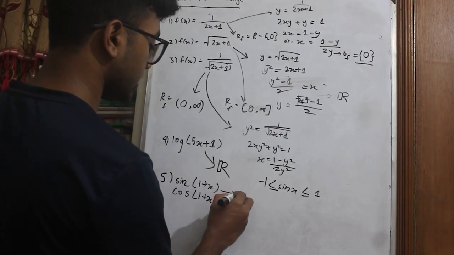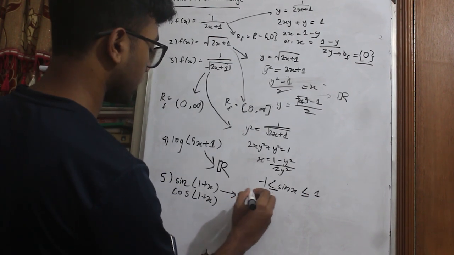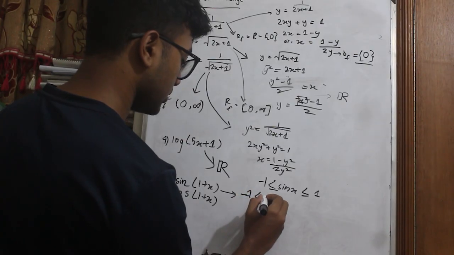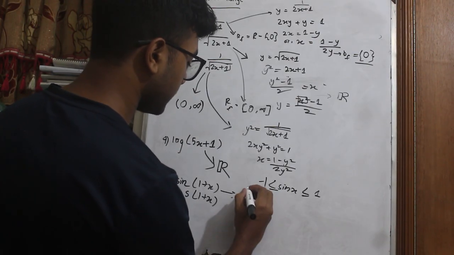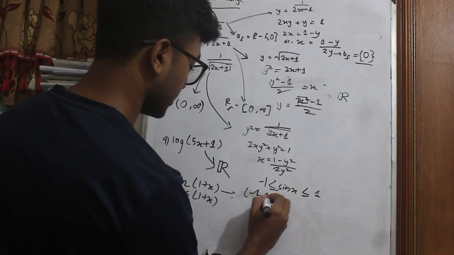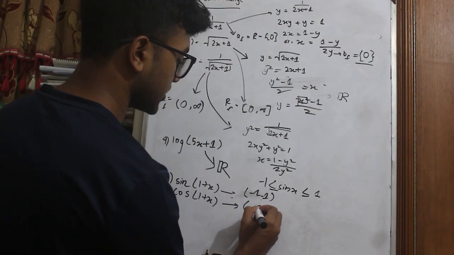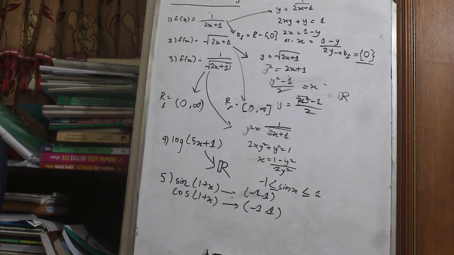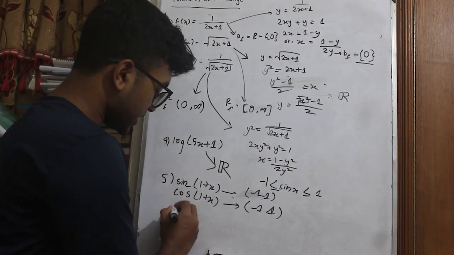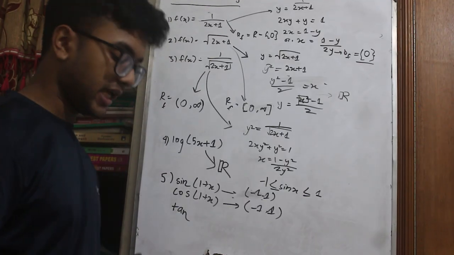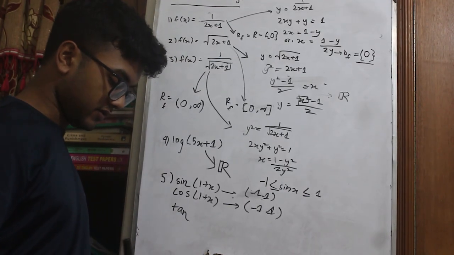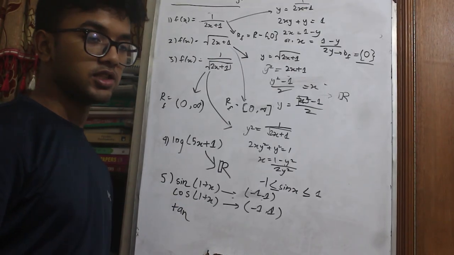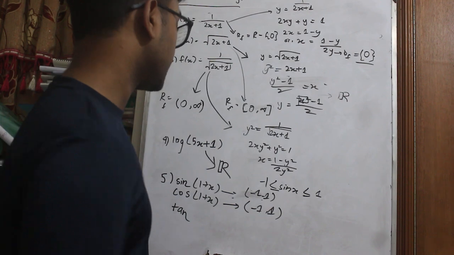So the range will always be from -1 to 1, and for cos it is also the same. The ranges of sine and cos will always be from -1 to 1, and for tan it can be any value. The domain for tan is infinity, and the range for tan is also infinity.